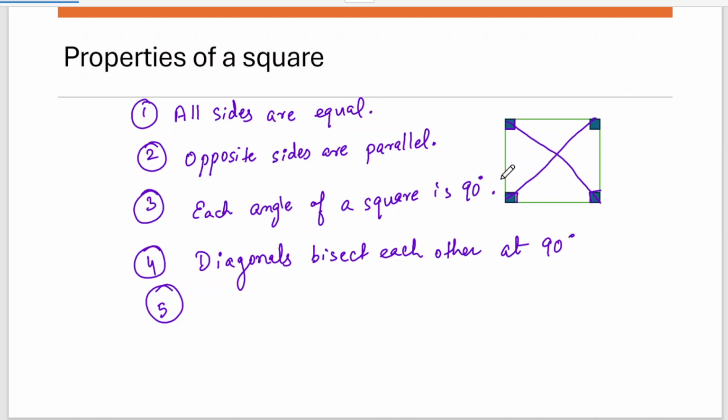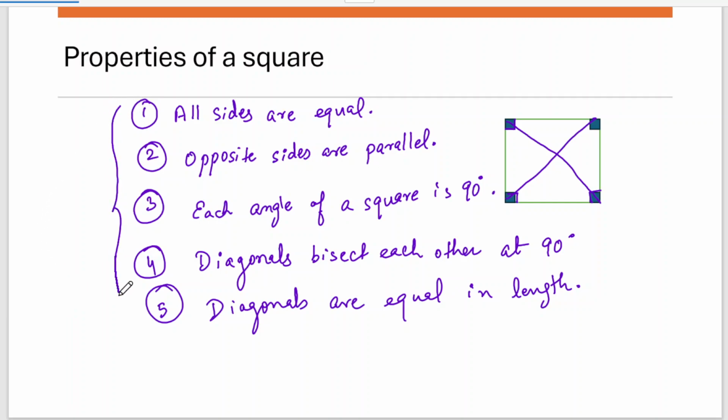This property matches with the property of rectangle also. So diagonals are equal in length. So these are the five unique properties related to square.